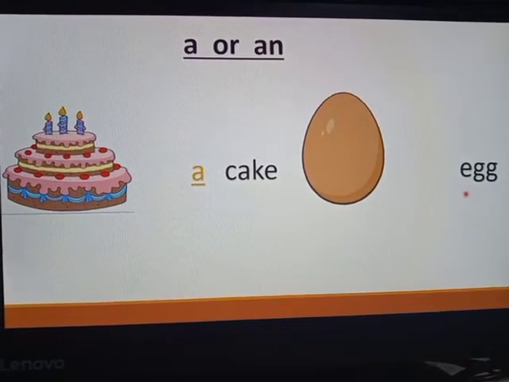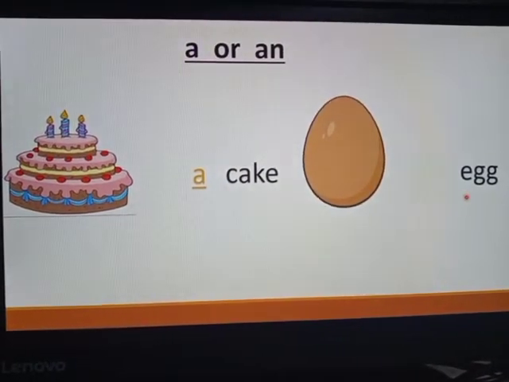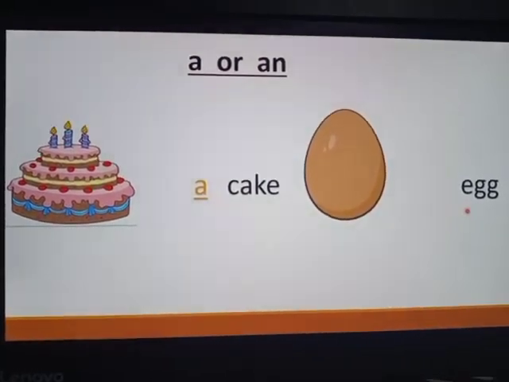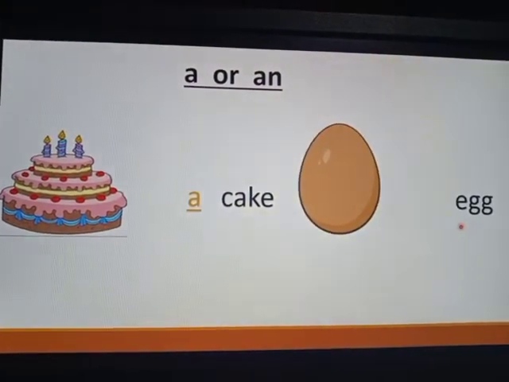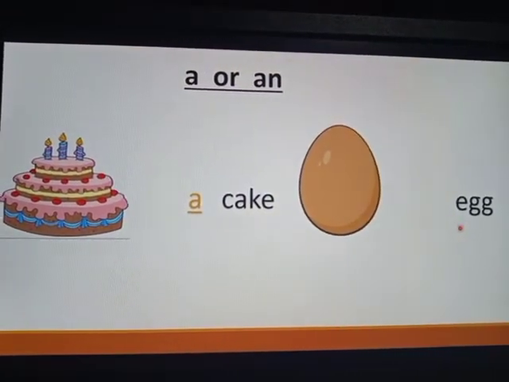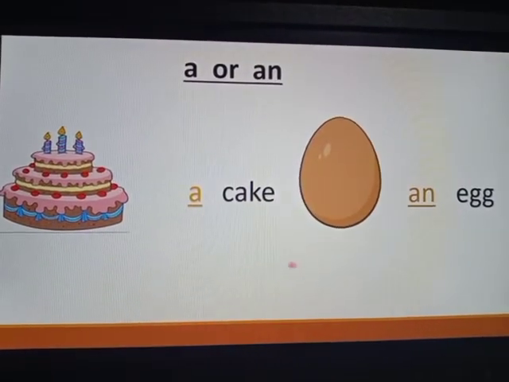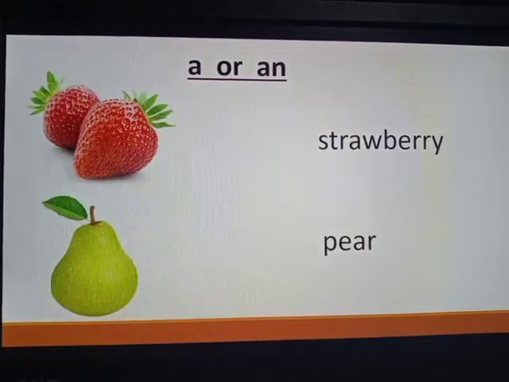It's a vowel. So, we use a or an? Correct. We use an before words that begin with vowel sounds. So, what is the answer? An egg. Understood? We'll see some more examples.